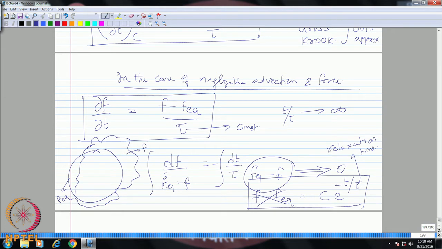So, you are all the time looking at the difference between these two distribution functions, and what it says is that the relaxation time is a time scale over which you take the non-equilibrium distribution function and relax it to the equilibrium distribution function.